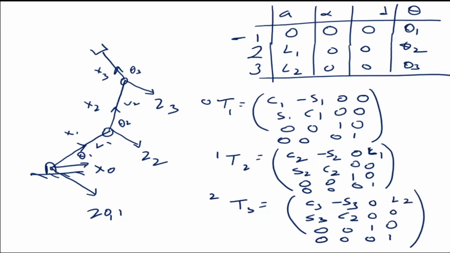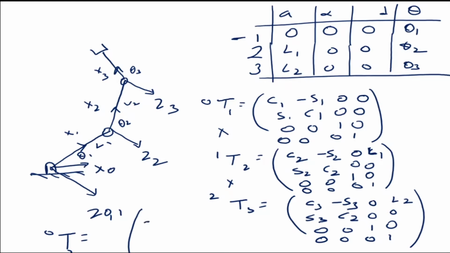Now I want to find the relation between the third frame and the zeroth frame. So what do we do? We multiply all the matrices together: this into this into this. So I'm going to get T0 to 3. This also I did in the last class, so please have a look at that.